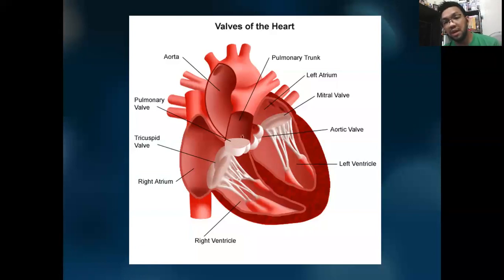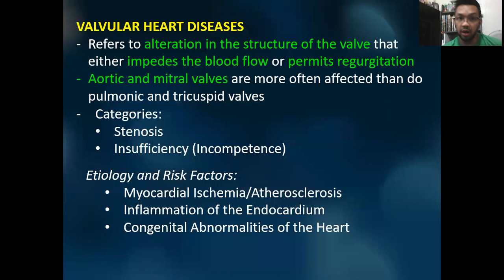And we also have the mitral valve or the bicuspid valve, which is in between the left atrium and the left ventricle, and the aortic valve. Before oxygenated blood is going to be pumped out of the aorta, it will pass through this. So those are the four different valves of our heart.